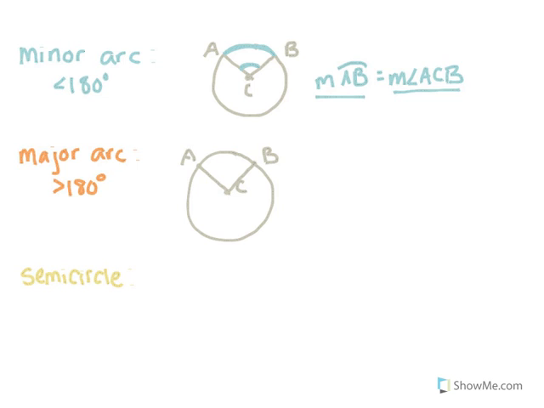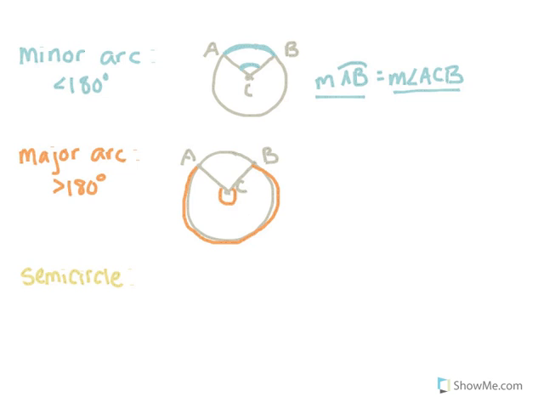Right, so major arcs are arcs greater than 180 degrees. So we could use the same exact picture to see what a major arc is instead by connecting A and B in the opposite direction. So I could connect A and B like this, and this would be an arc that's greater than 180 degrees, and its central angle would be this angle right here.